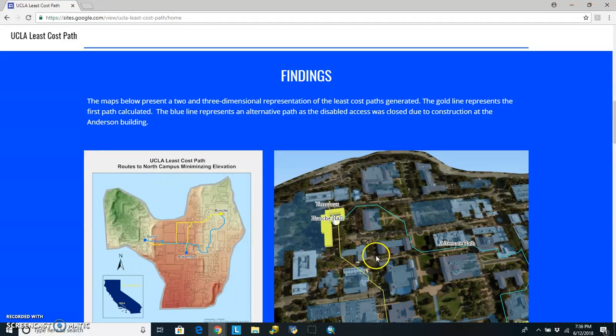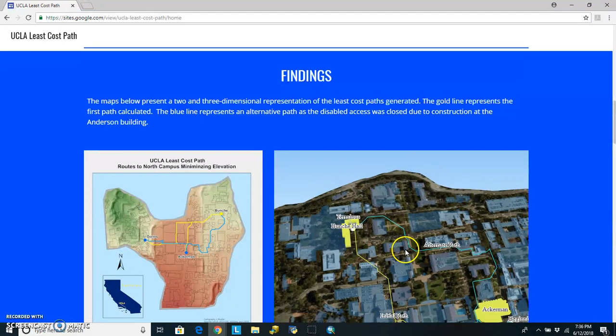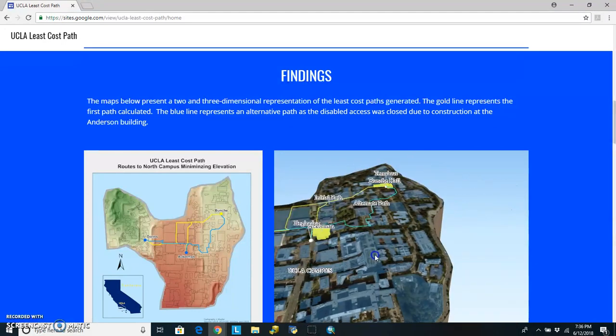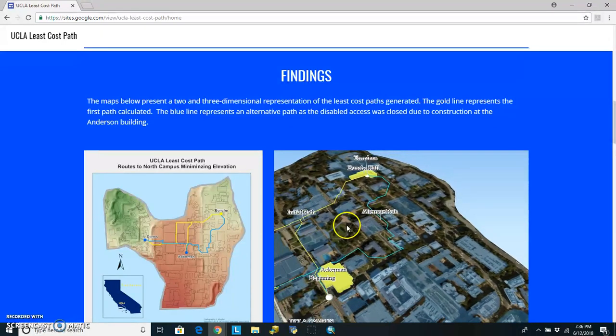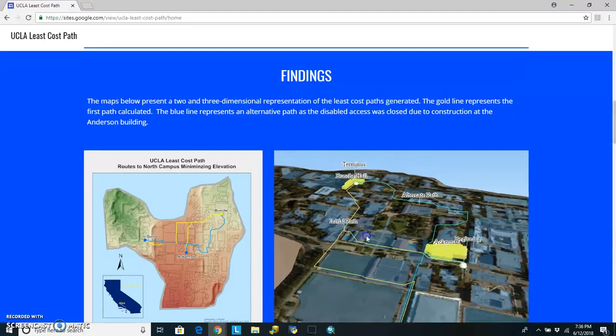Additional buildings were not elevated due to the concern with exporting limitation. Here you can see the alternative path and initial path.